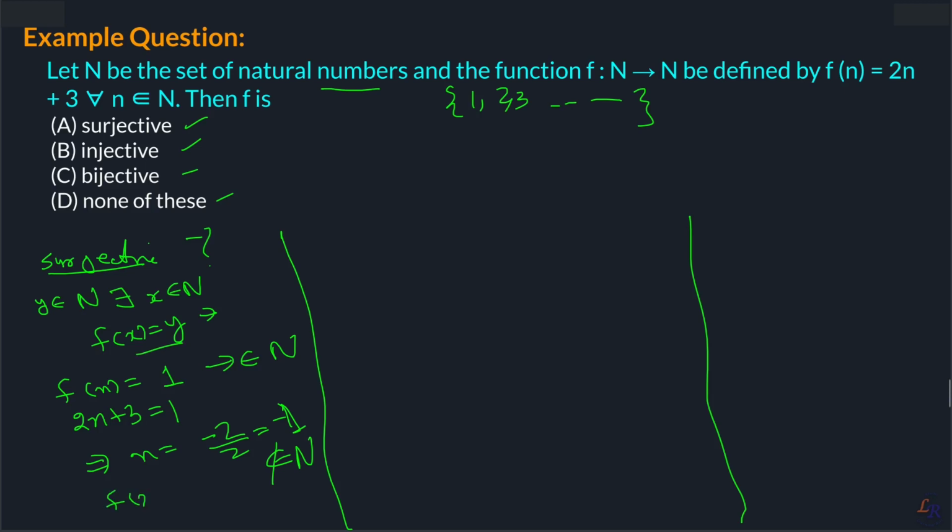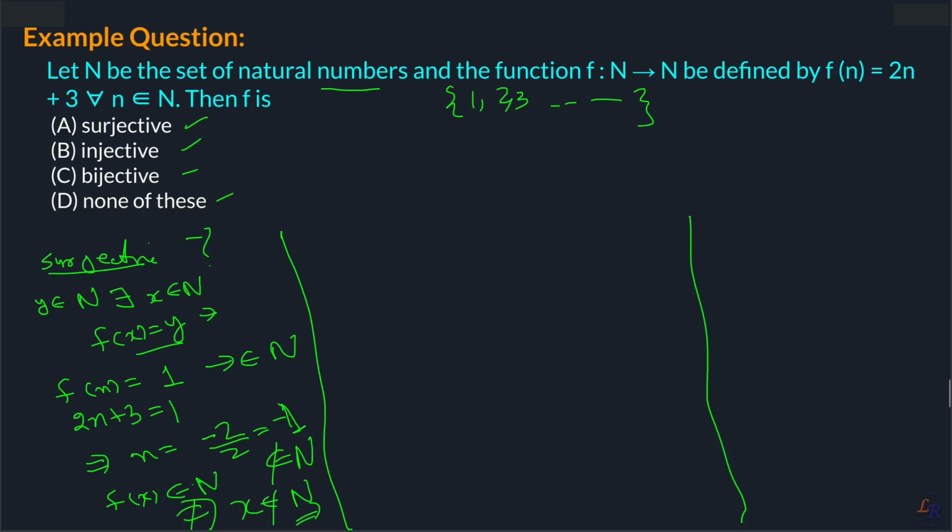So f(x) being an element of N does not imply that x is an element of N, right? So it means there is an element in y for which there is no element in the natural numbers we have.